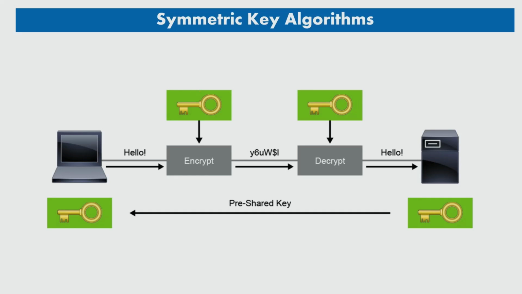As shown in the diagram, a secret key, or pre-shared key, cryptography uses a single key for both encryption and decryption. Key lengths in modern symmetric algorithms range from 40 to 256 bits.